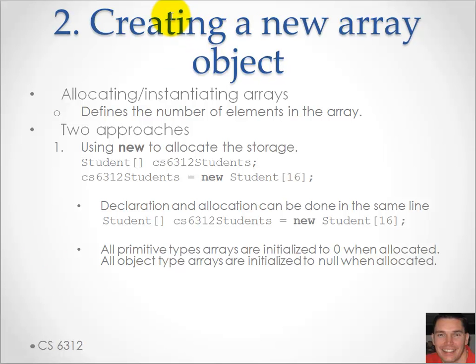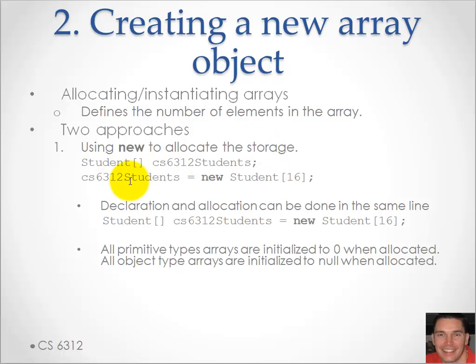Now, when we need to create a new array object, the previous slide we just looked at declaring the variable, but now we need to actually instantiate or allocate our array, and that's where we define the number of elements that are going to be placed in the array. So there are 2 approaches. One of these is we use new to allocate the storage.